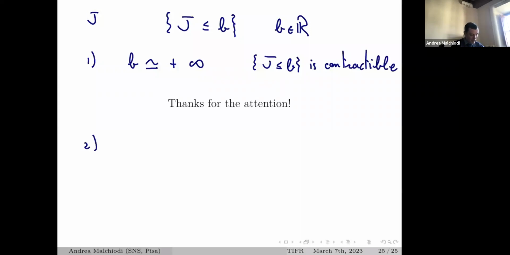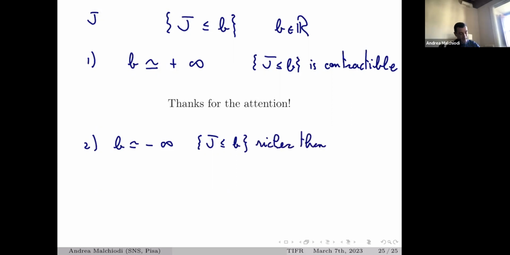Second, when B is close to minus infinity, this set inherits the topology, so it's topologically richer than sigma rho alpha bar, the set of measures.